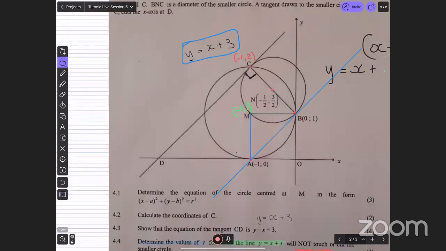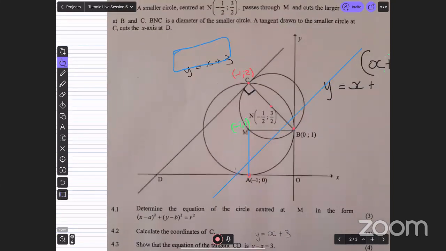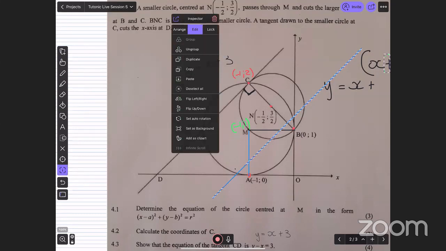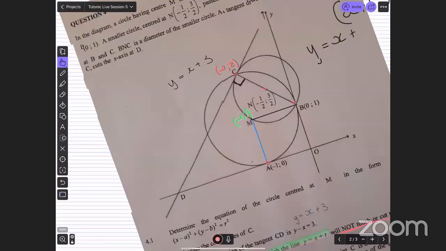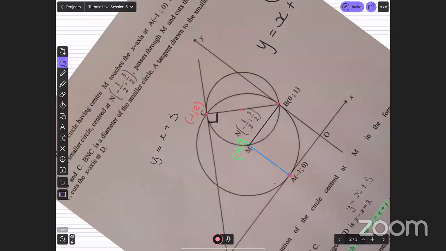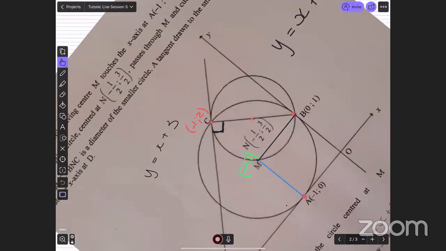So in other words, the tangent is now a line of symmetry. Let's just remove that one there. The tangent is now a line of symmetry. So the new circle will be somewhere here.